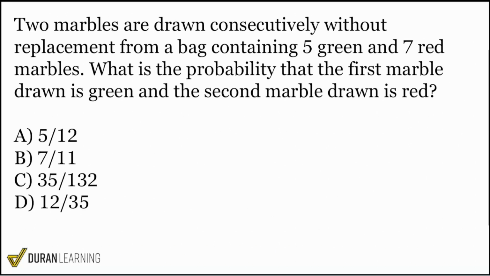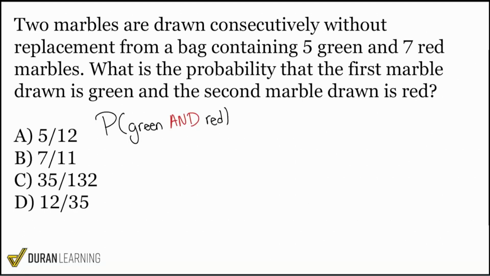So again, keep it simple at first. We want green first. What is the probability that the first marble is green and the second marble drawn is red? So what we want is the probability of green first and then red second.